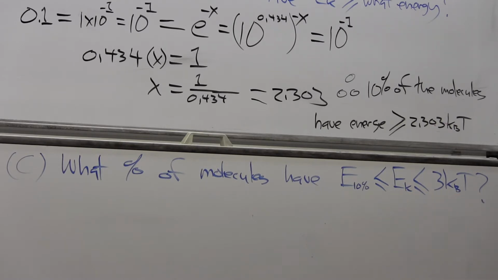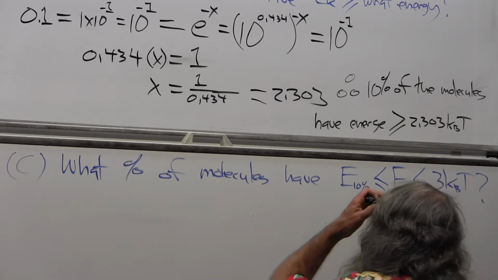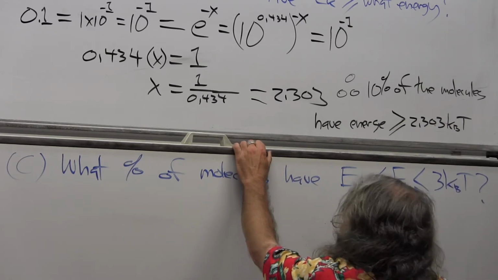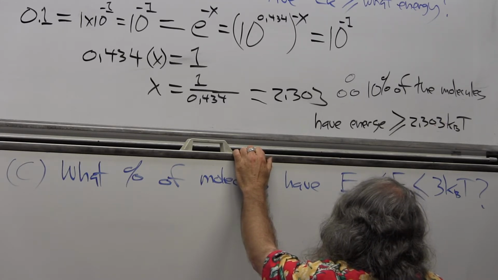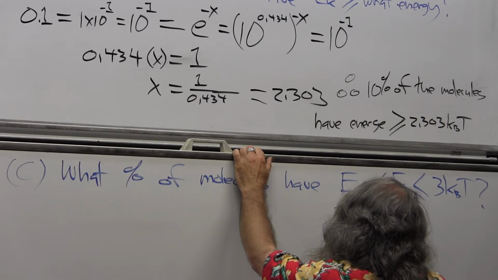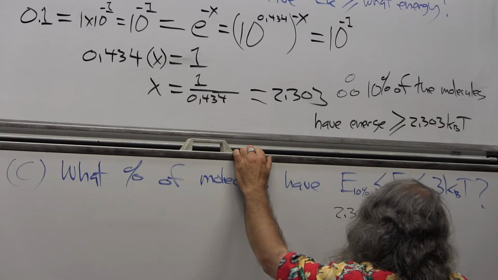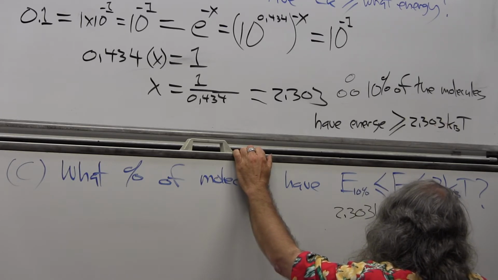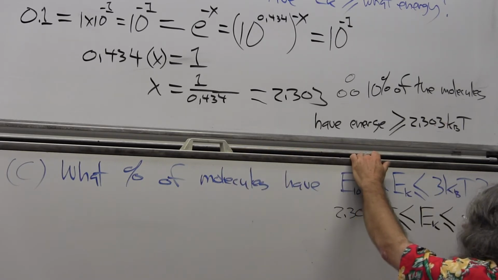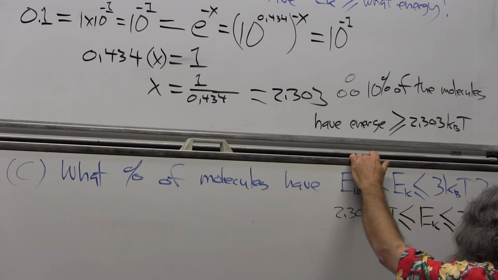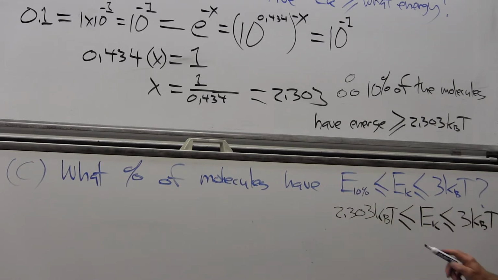This is 3 k B T. So we want the percent of molecules where 2.303 k B T is less than or equal to E k is less than or equal to 3 k B T. So I just substitute in this E 10%, the 10% energy, greater than or equal to that.